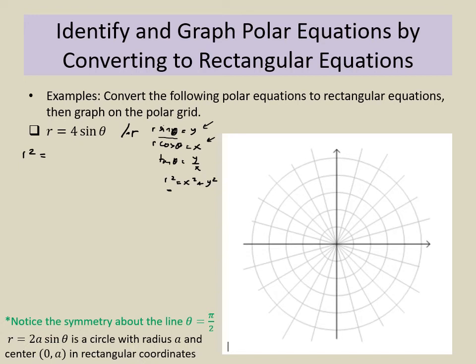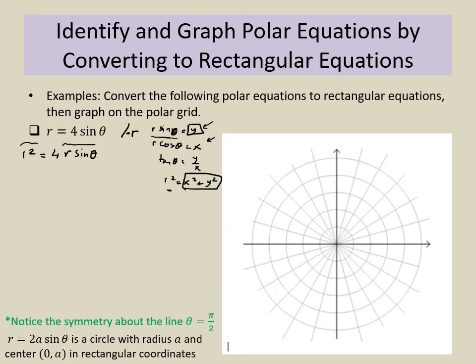You multiply this times r, we can write it as 4r sine of theta. This should look very familiar. r squared can be replaced by x squared plus y squared. This r sine of theta, all of that can be replaced with what? Well, all of that equals y.